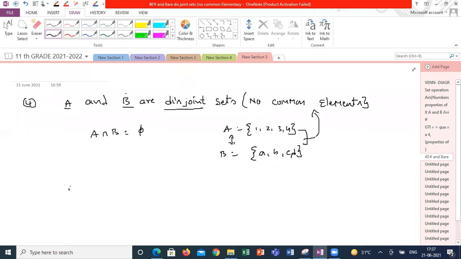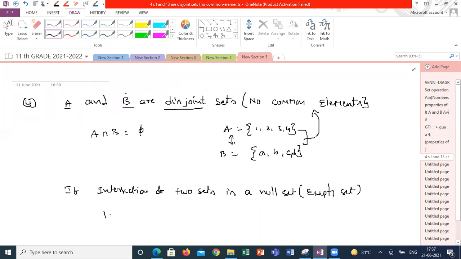Or I can say like this: if the intersection of two sets is a null set or empty set, I can call the two sets disjoint sets.